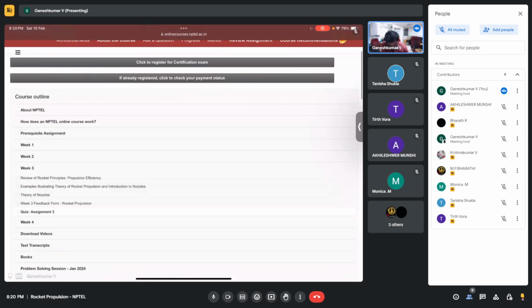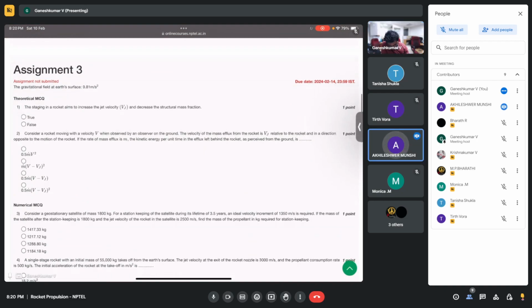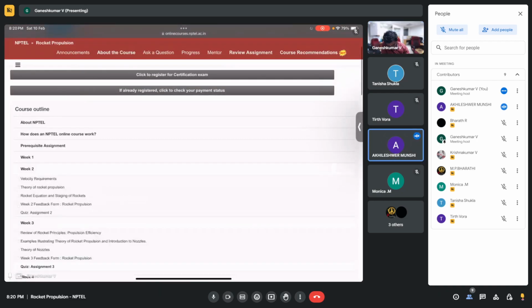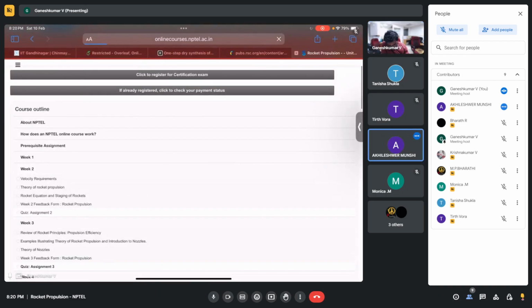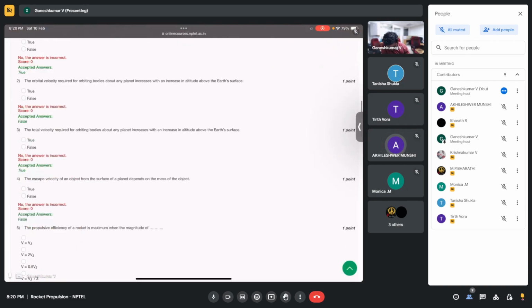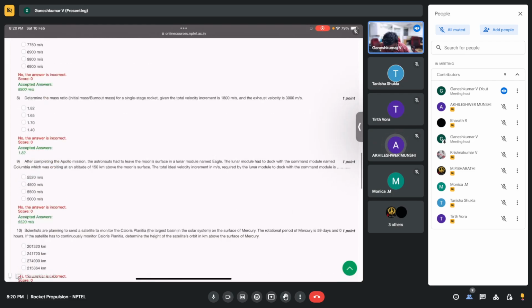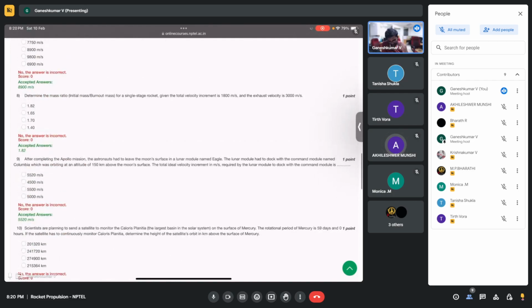Any other questions? Question 9, I was not able to figure out actually. Okay, let's see. Question 9. After completing the Apollo mission, the astronauts have to leave the lunar module named Eagle.